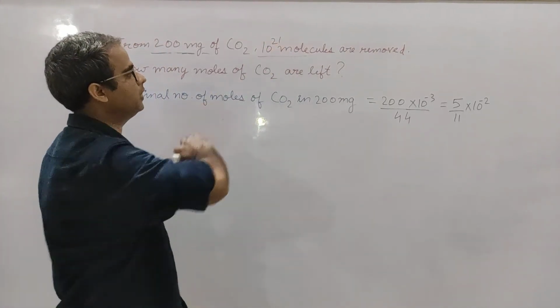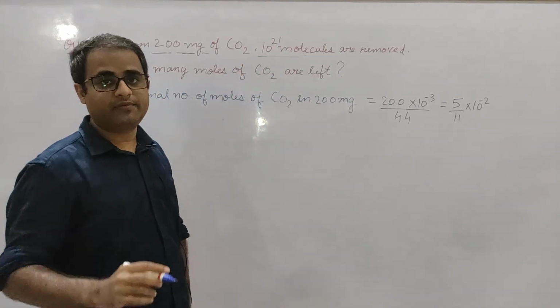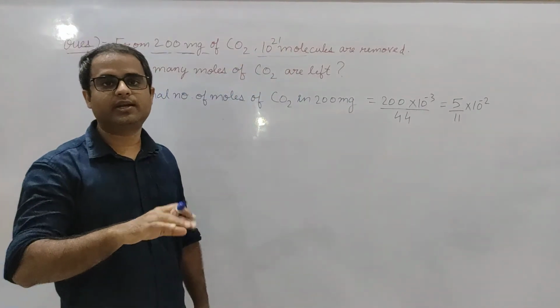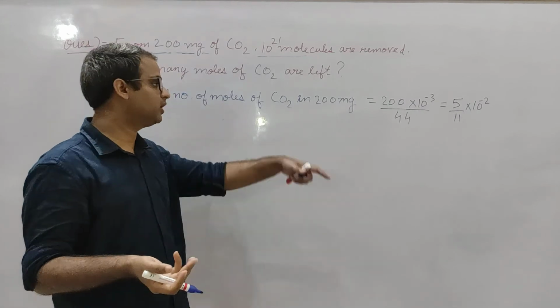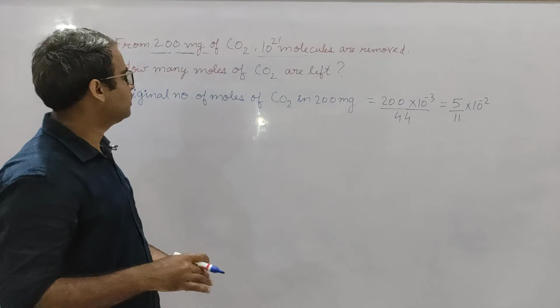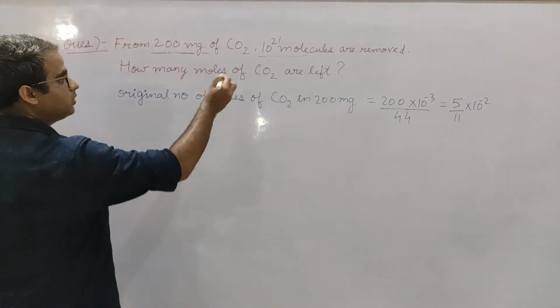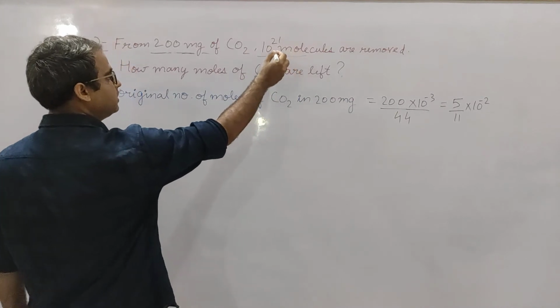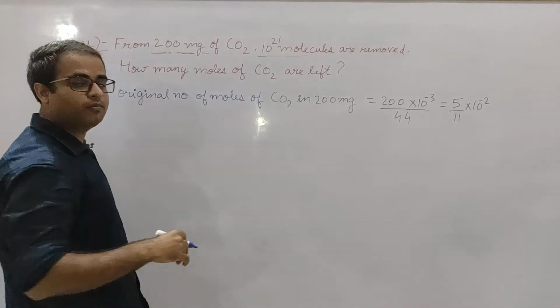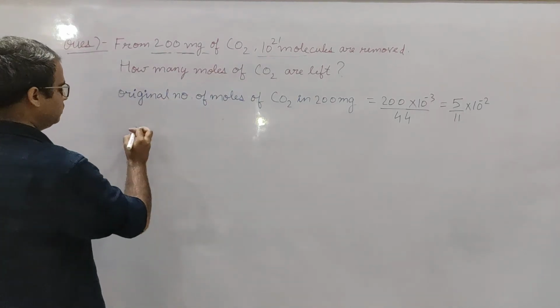Now how many molecules of CO2 are we removing? 10 to the power 21. This is a number of molecules, convert this into moles. When we solve a question in moles, it is easier to solve. That's why we are converting all these things into moles, and whatever moles come will be your answer. So convert this number of molecules removed into number of moles removed.